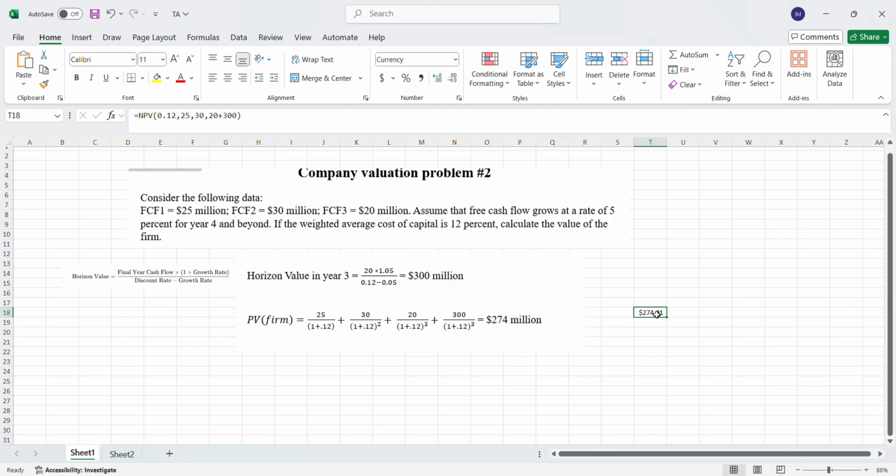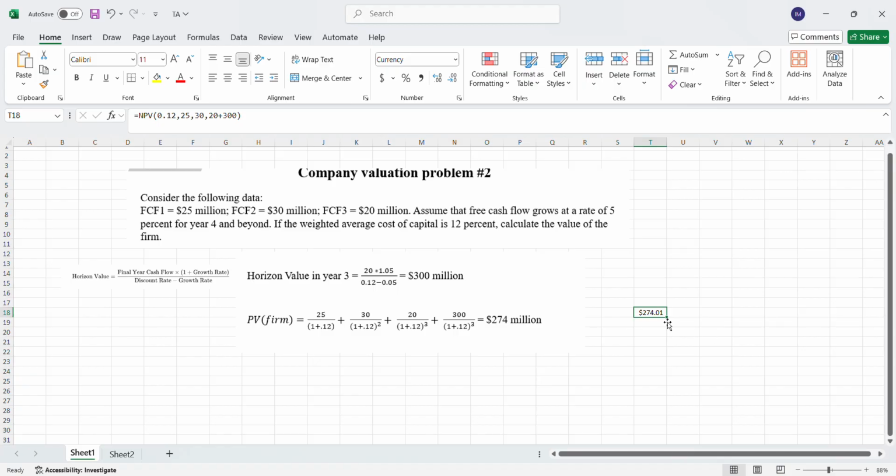This formula is very helpful when you have more than 5 or 6 years, which is very difficult to calculate manually and really time consuming. So this formula can help you do it quickly. But for the exam maybe there will be 3 years or at best 4 years, so you can easily calculate by hand, showing all the calculations. For the final result you can use this formula in the Excel sheet, just to make sure that you are on the right track.